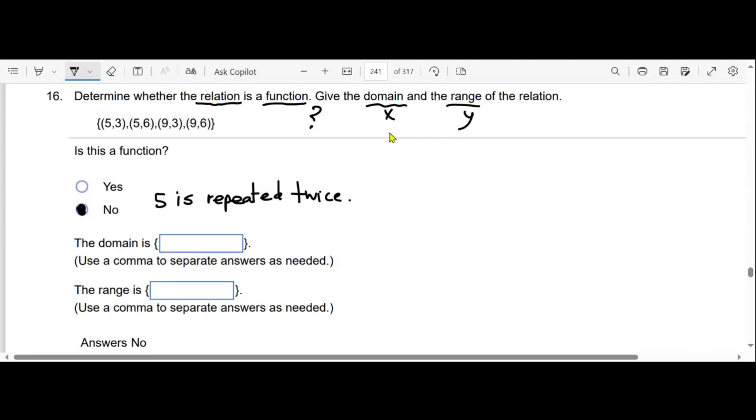Okay, what's the domain? The domain is x values. So we have 5, 9. That's it, 5 and 9, correct? Yes. What is the range? 3 and 6, correct.